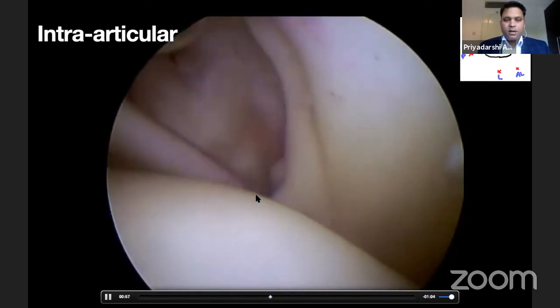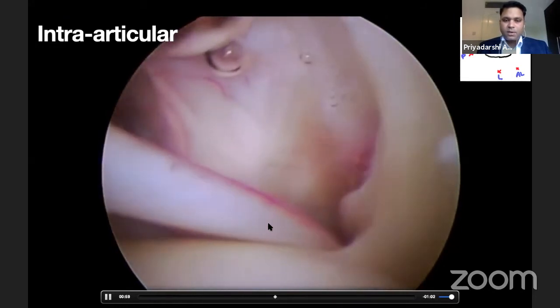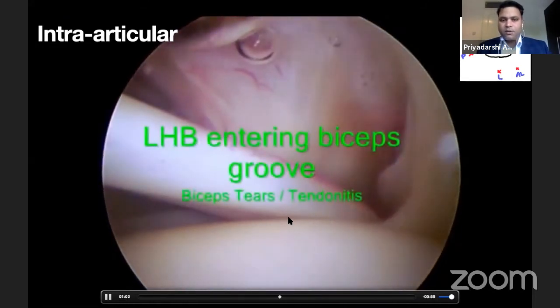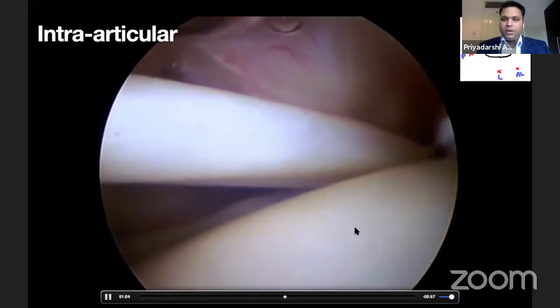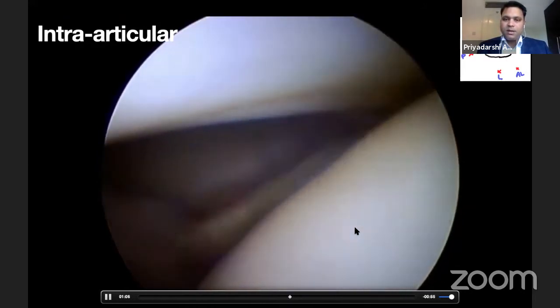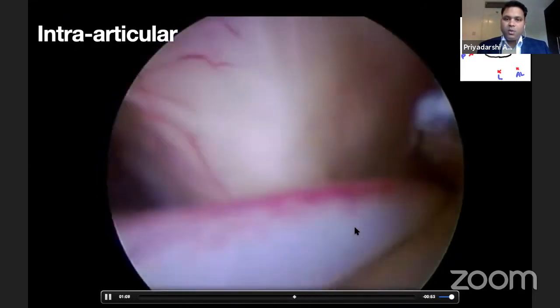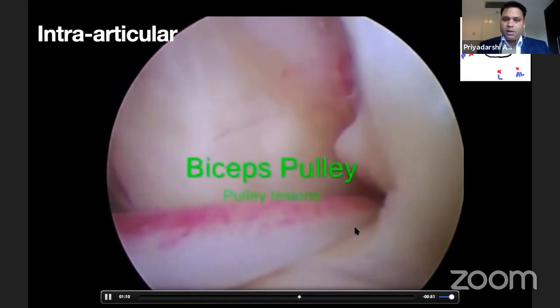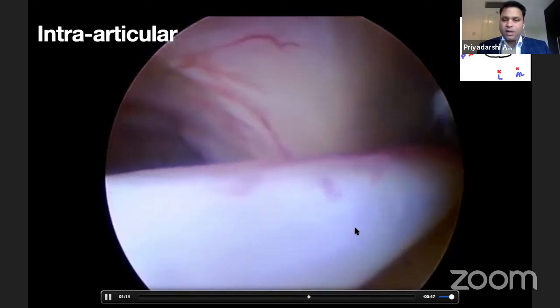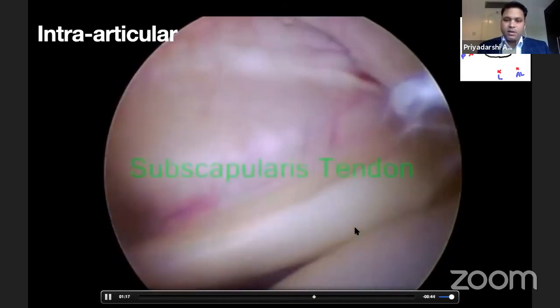And then you look at the biceps tendon traversing through the bicipital groove. And then you appreciate two pulleys of the biceps tendon, one medial and one lateral. We already talked about what ligament forms this pulley, and they're important in assessing all those lesions of the biceps pulley to assess the stability of the biceps tendon.